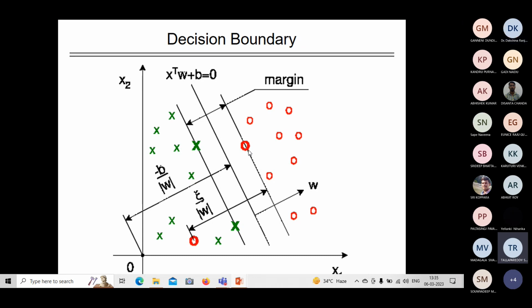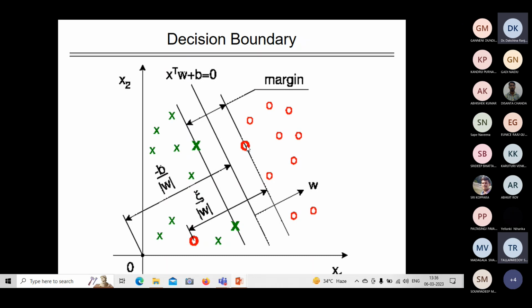From class C2, you can see that only one point is found on the class boundary, and for class C1 there are 2 points. These two green points are found on the class boundary for class C1. This is the first point from class C1, this is the second point from class C1, and this is the red point from class C2 found on the class boundaries.